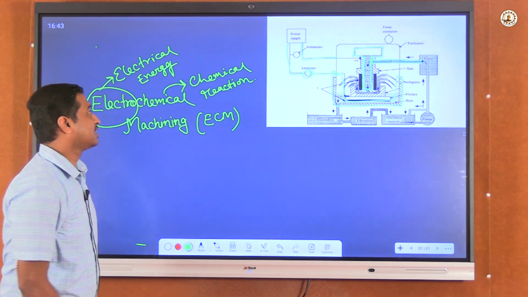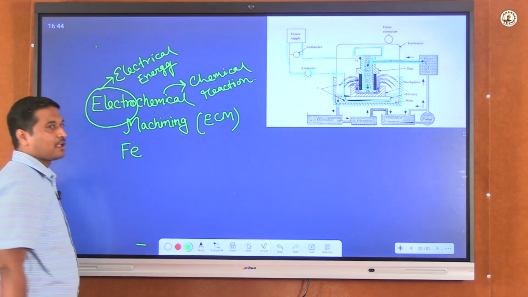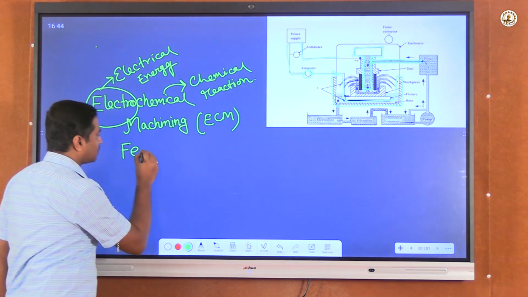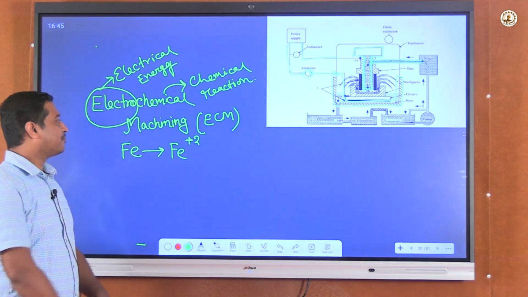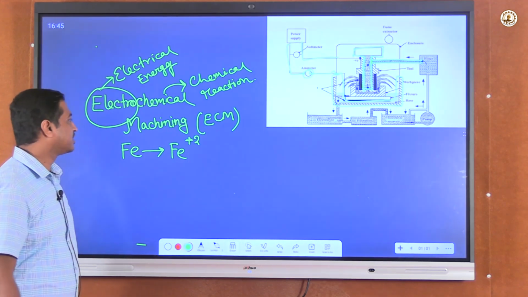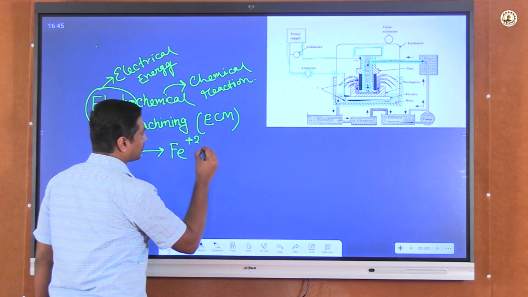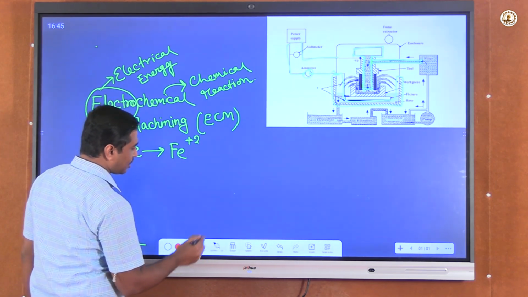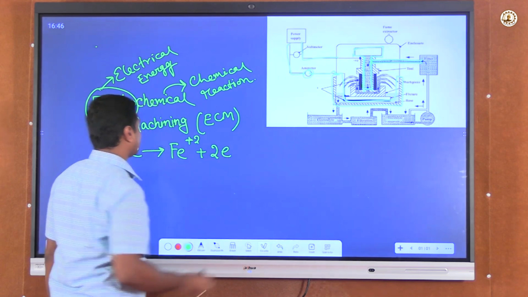If the workpiece is iron, the chemical reaction of iron is Fe giving Fe2+ plus 2e-.